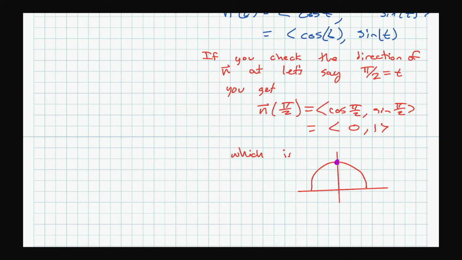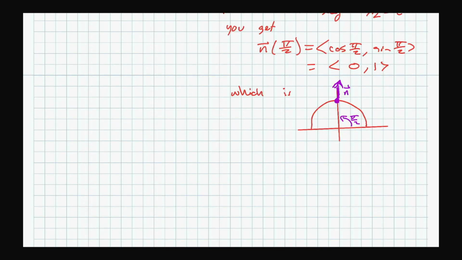So if you check at pi over 2, that's pi over 2. N should be pointing up, not down. If you had added the minus to the x component, it would have pointed down.